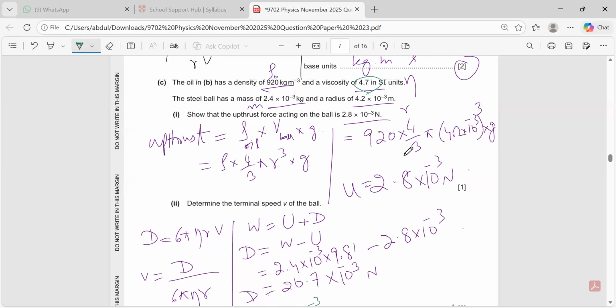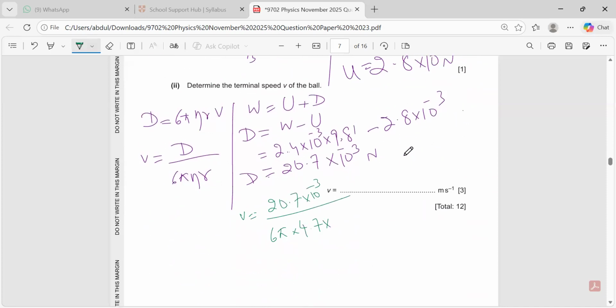So radius is given, 4.2 times 10 raised to power minus 3. As we simplify, my dear friends, the answer will be almost 0.0557, roughly. So we can write 0.056 meters per second.